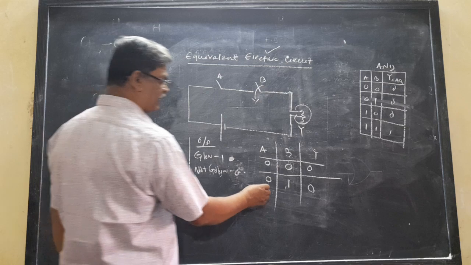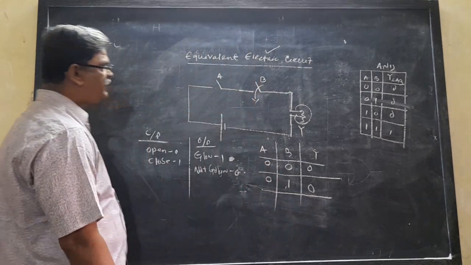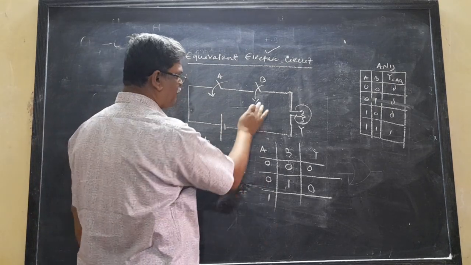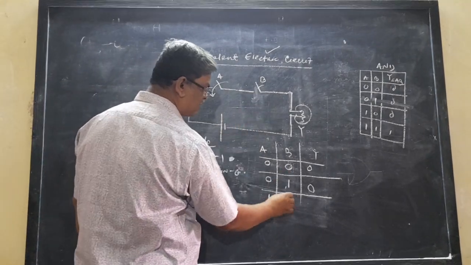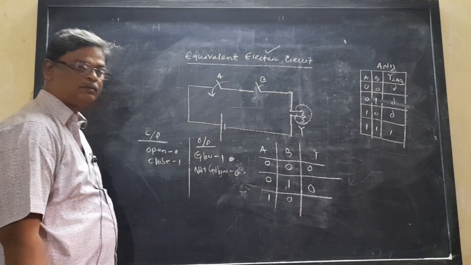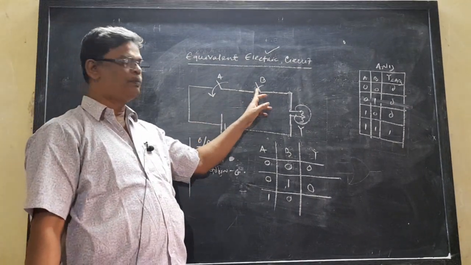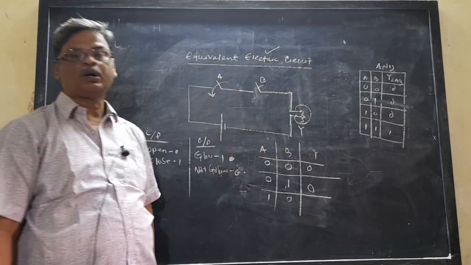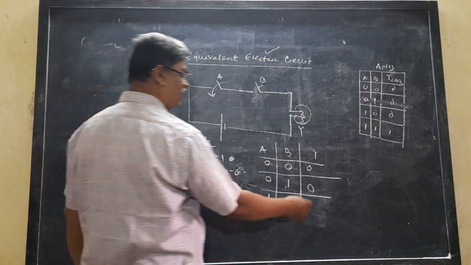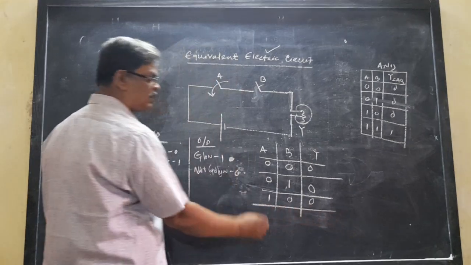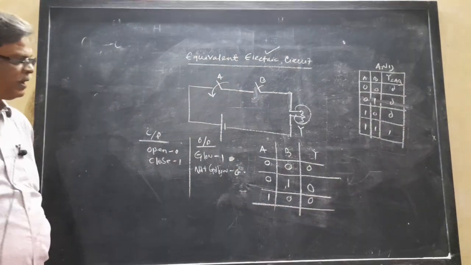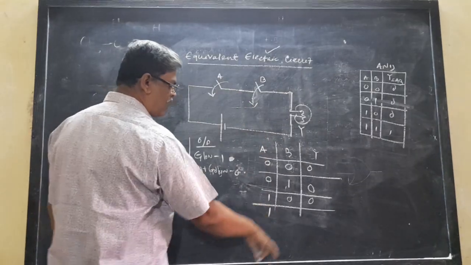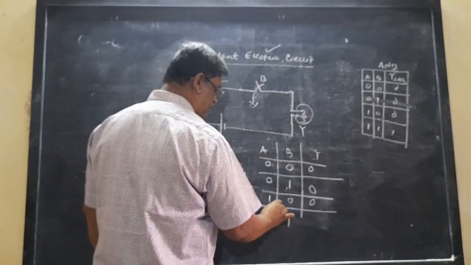Third, when A is closed, 1, and B is open, 0, then B open means there is a circuit break and no current through the bulb, so the bulb will not glow. Clear? Next, when both the switches are closed, A closed 1, B closed 1, there is a current in the circuit and the bulb will glow, 1.